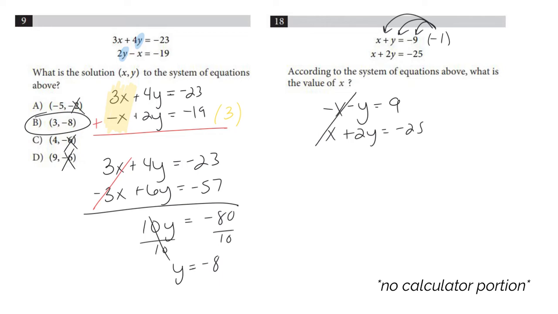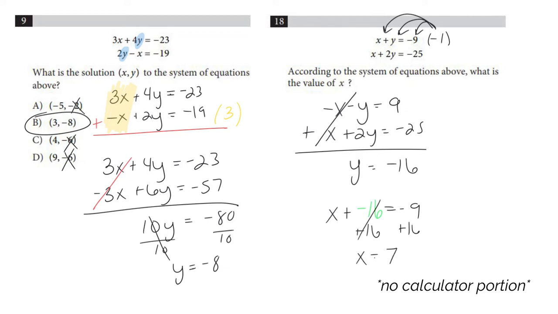I can go ahead and add these up together, and I will get y equals negative 16. It asks me for the x value though, so I plug it into whatever looks easiest. I believe that the top equation looks easiest, so I will plug in my negative 16, and I will need to solve that by adding 16 to both sides. So I will get x equals 7.